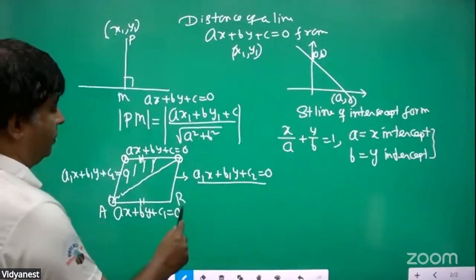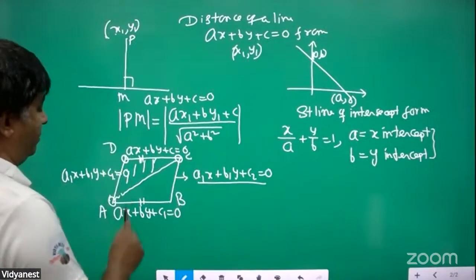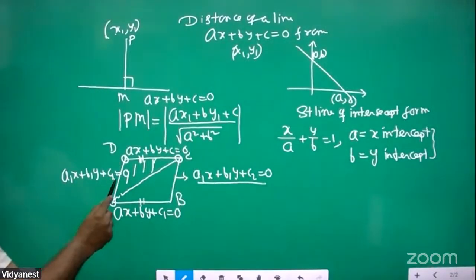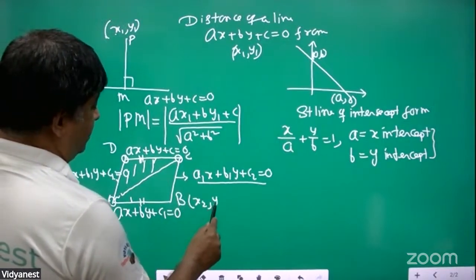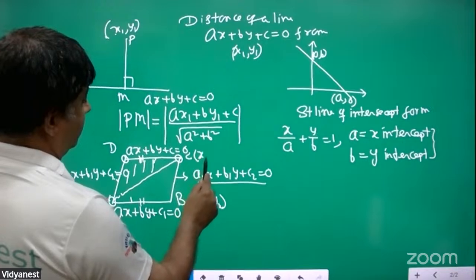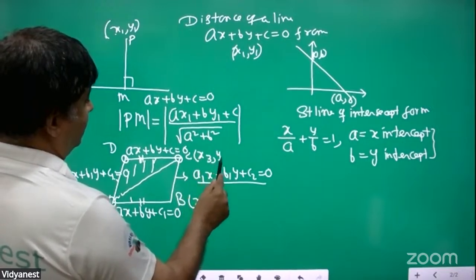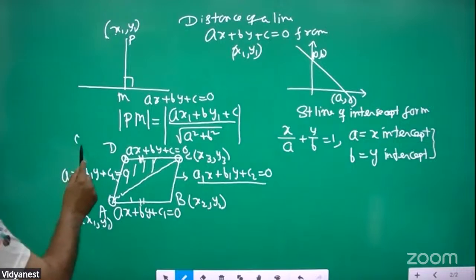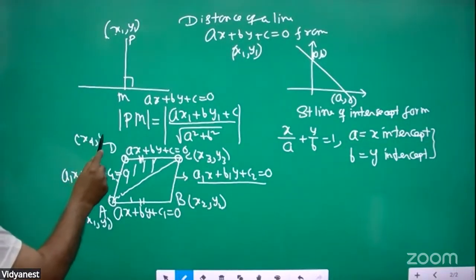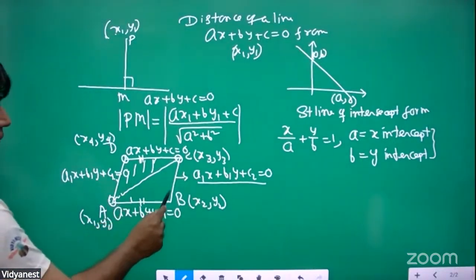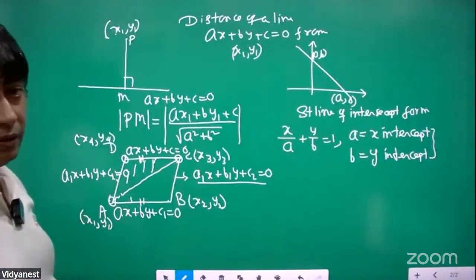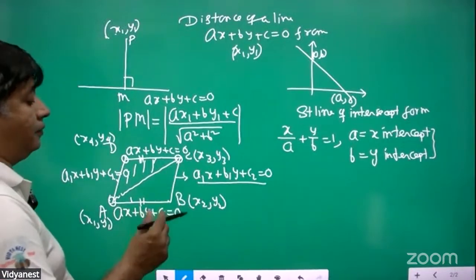Let A, B, C, D, after solving these, you will get the coordinates x1, y1, x2, y2, x3, y3, and x4, y4. Now, once you get these 3 points, say ABC, what will be the area of the triangle?